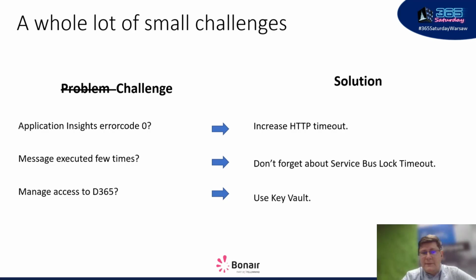For example, if you find error code 0 in your Application Insights, you should increase the HTTP timeout. If your message is executed a few times, the same message on the queue, don't forget about something called Service Bus lock timeout. If you want to manage access to Dynamics 365 in a secure way, use Key Vault.